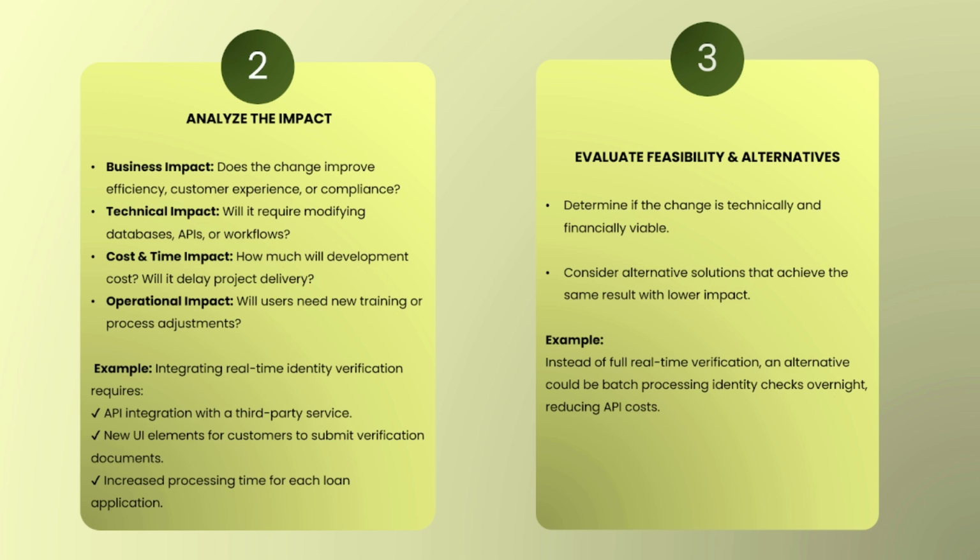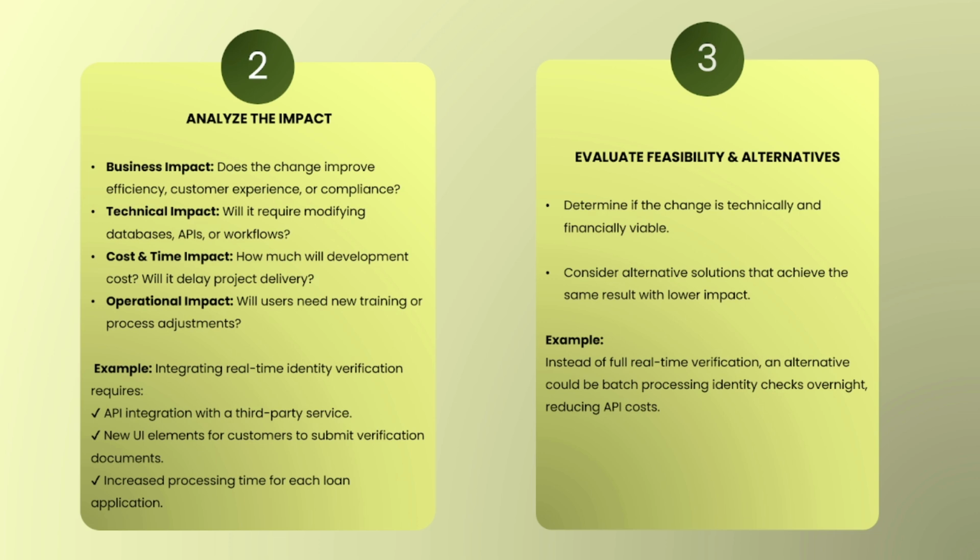So while we evaluate feasibility and alternatives, instead of full time real time verification, an alternative could be that we do batch processing of identity checks overnight, so reducing API cost.